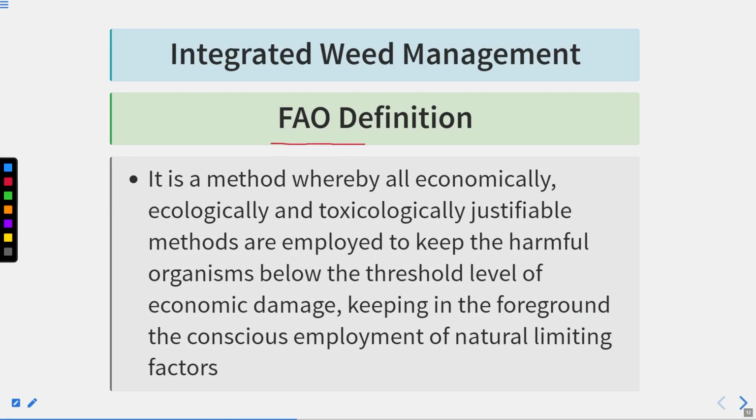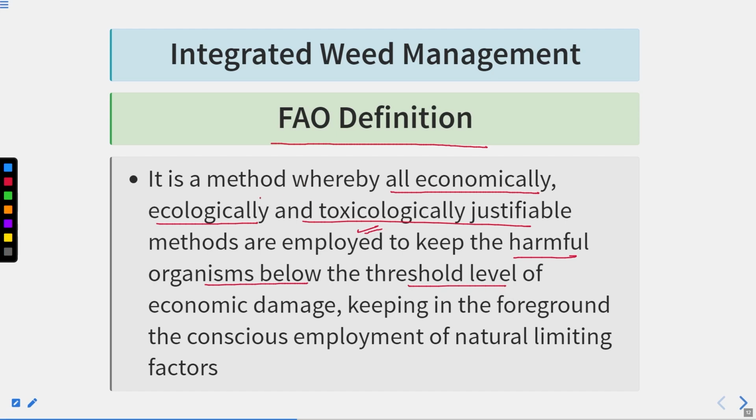What is the FAO definition of integrated weed management? It is a method whereby all economically, ecologically, and toxicologically justifiable methods are employed to keep the harmful organism below the threshold level.